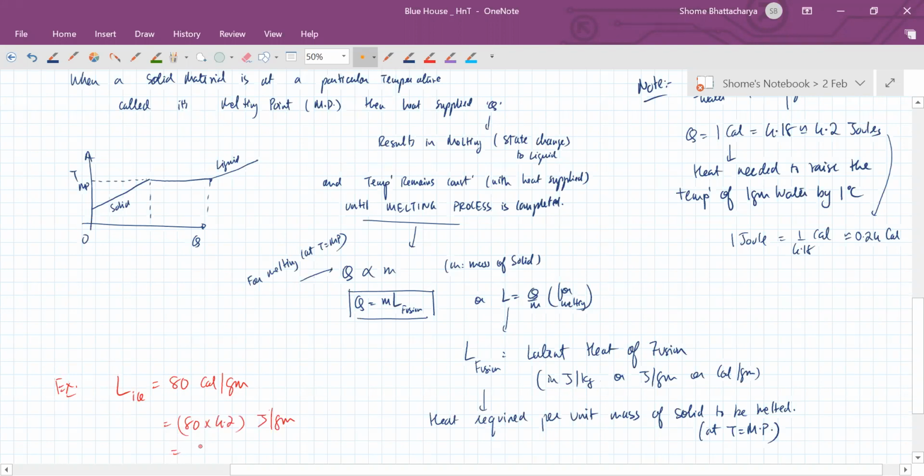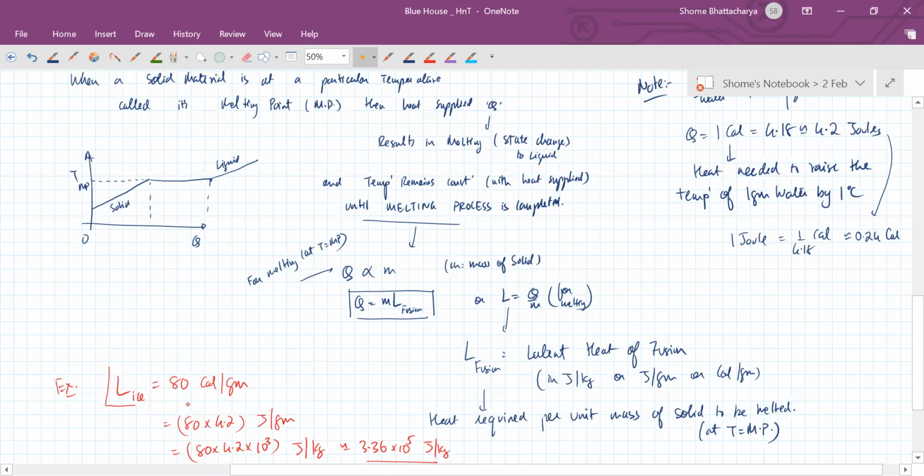So that is the same thing as 80 into 4.2 into 10 raised power 3 joules per kg. So this is the SI unit, and in this unit it becomes approximately 3.36 into 10 raised power 5 joules per kg.